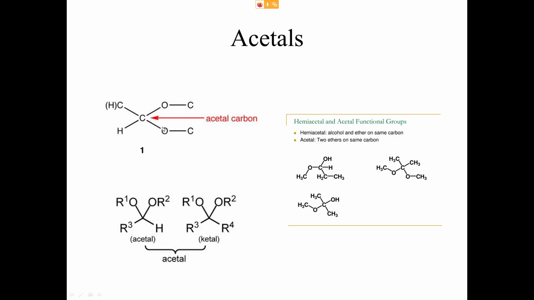So now we've replaced the second bond between the carbon and its original oxygen. It had 2. We went down to 1, and now we have 0. It's gone. We have 2 OR groups left. Okay, so can you pick out acetals from a lineup now? Just look for 2 ORs on the same carbon. That's all we're doing.